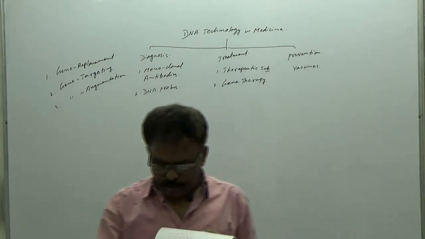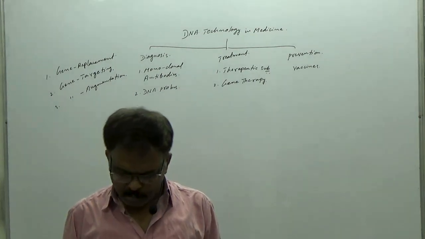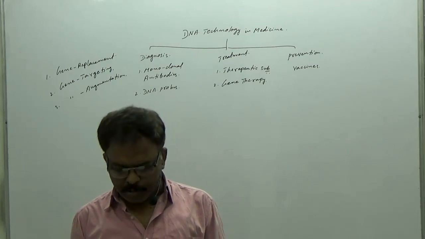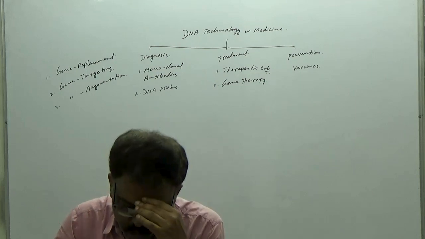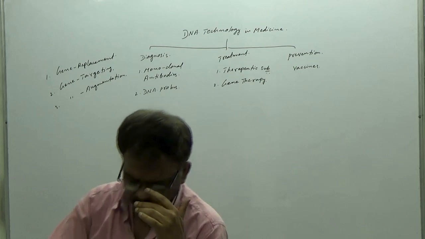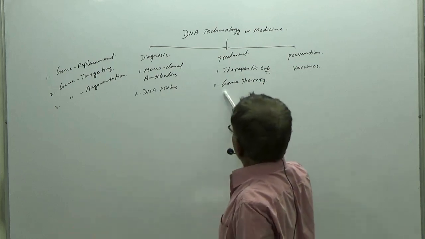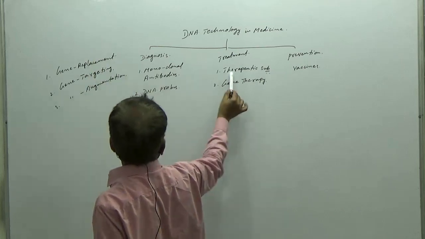Of course, gene therapy is a juvenile, latest, modern one, not developed properly, but of course, we are using gene therapy to cure some diseases. Here in gene therapy, we are using gene itself as a therapeutic substance.